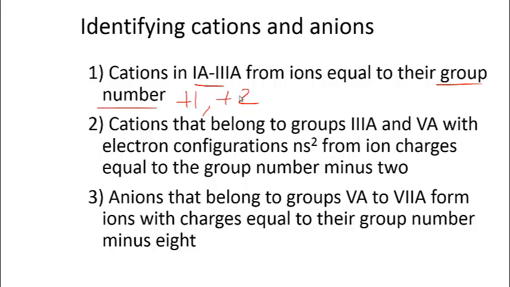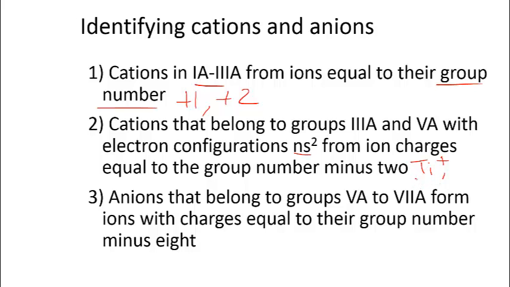Cations that belong to groups 3A and 5A with electron configurations ns2 form ion charges equal to their group number minus 2. Examples would be thallium, which is a member of group 3A, forms Tl+, because it's part of 3A, 3 minus 2 is 1.